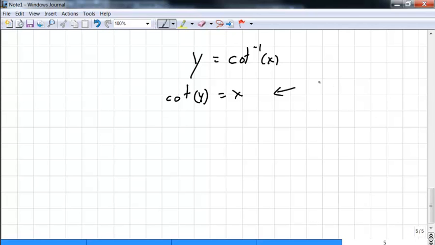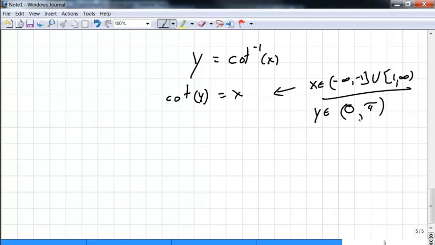But which part? x is the output of cotangent, or the input for inverse cotangent, and that's from minus infinity to negative 1, union 1 to infinity. We want to keep the entire range of the cotangent as our input for inverse cotangent, which we've done. But what did we select as an output? We selected it from 0 to pi here.